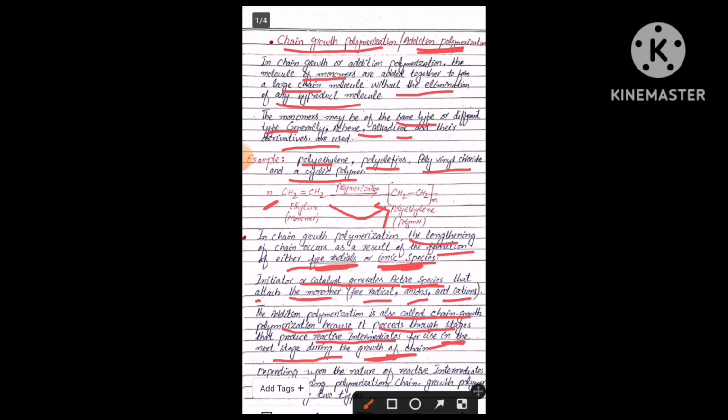It's an important point, students, why we call addition polymerization a chain growth polymerization. The reason is it proceeds through different stages. What type of stages, students? It may be the initiation stage, propagation stage, and termination stage.